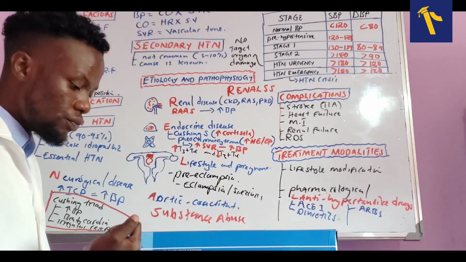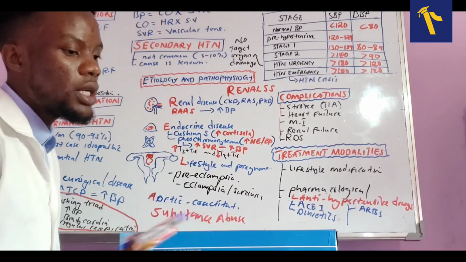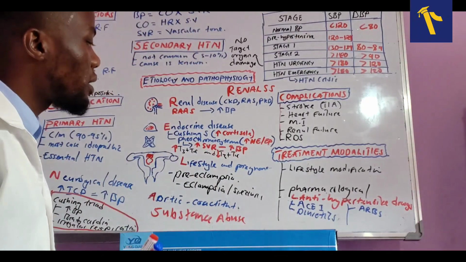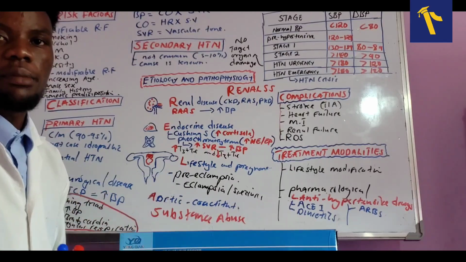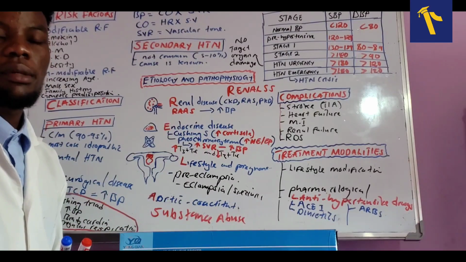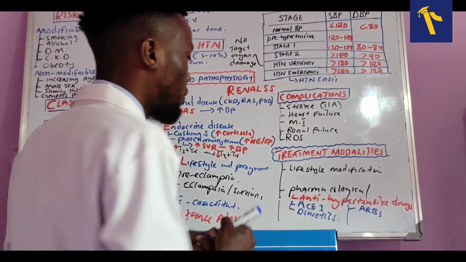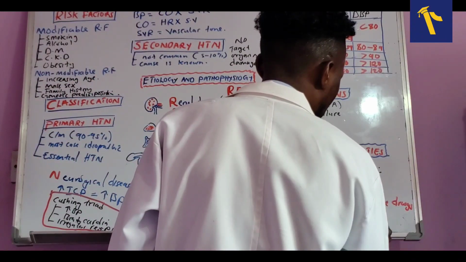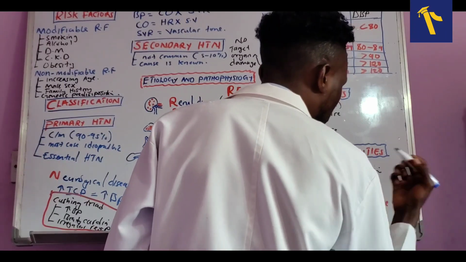There are a lot of drugs that you can give, as well as antihypertensive drugs like labetalol. Good examples are sympathetic blockers. So we can also give sympathetic blockers, like alpha blockers, beta blockers.